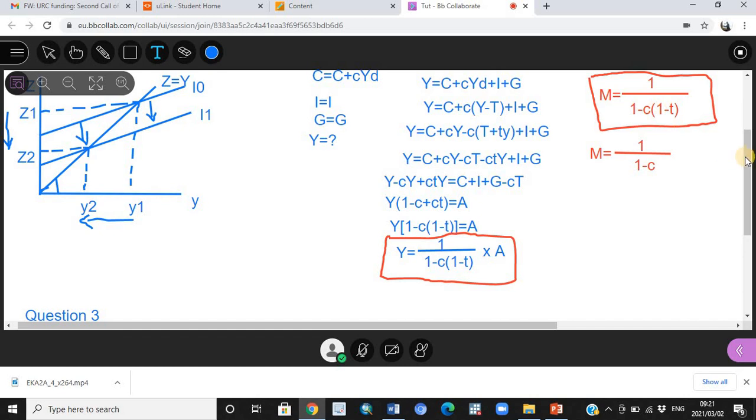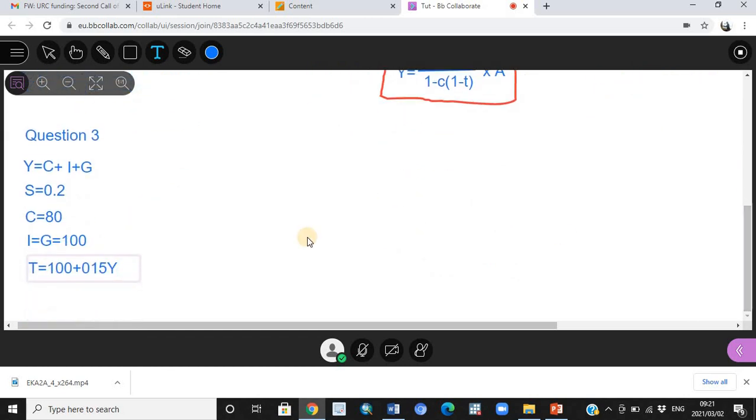So I will say A, the size of M, which is the multiplier. And I know that M is equal to, I'm just going to write the division line.